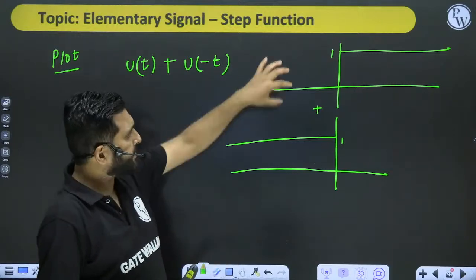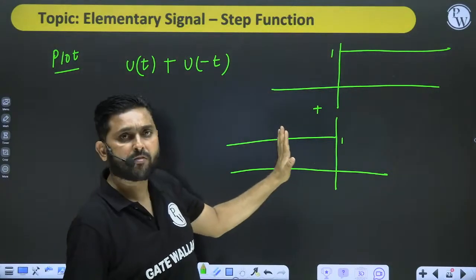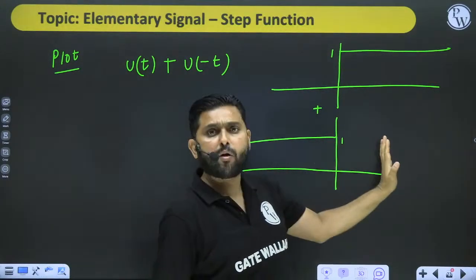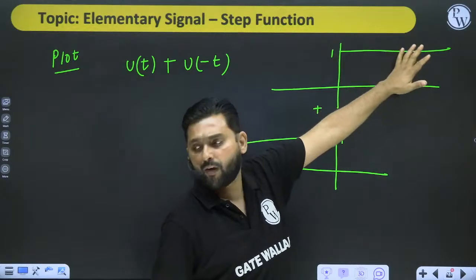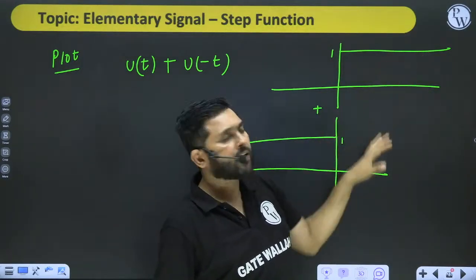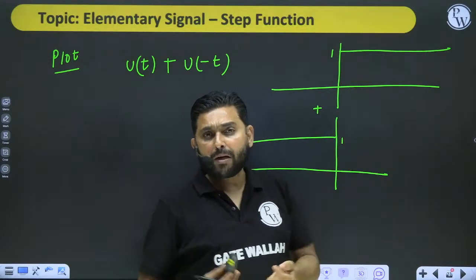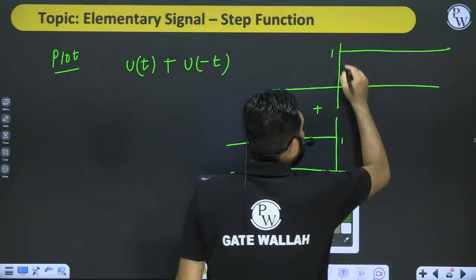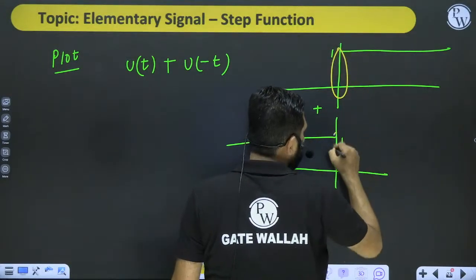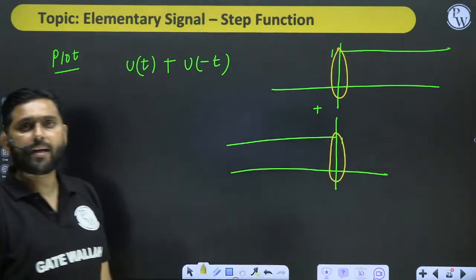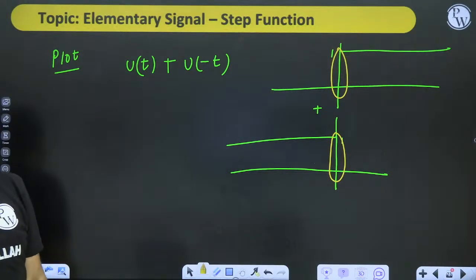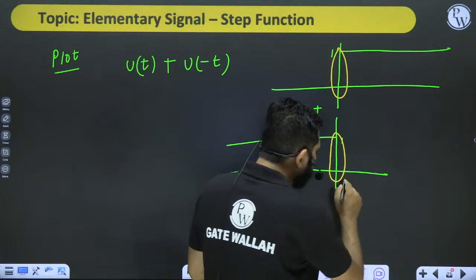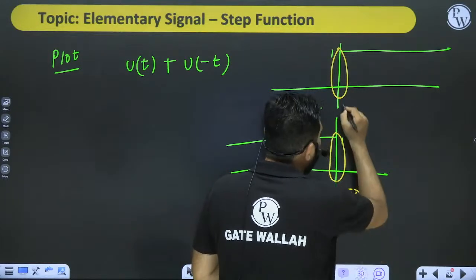then see, in the second quadrant it is 0 plus 1, which is 1. In the first quadrant it is 1 plus 0, which is 1. But what is the value at the origin, at t equal to 0?